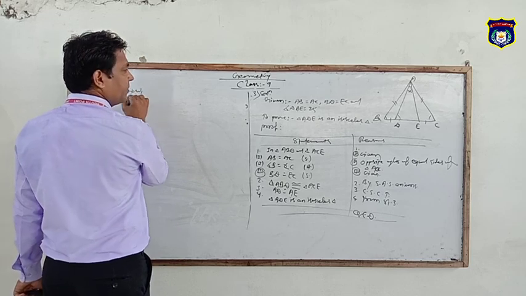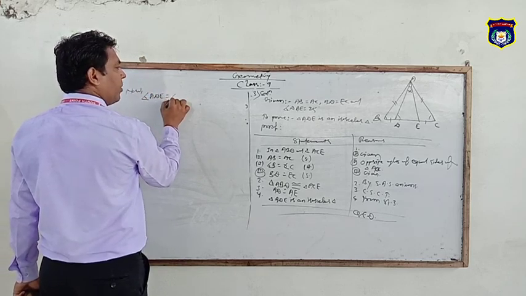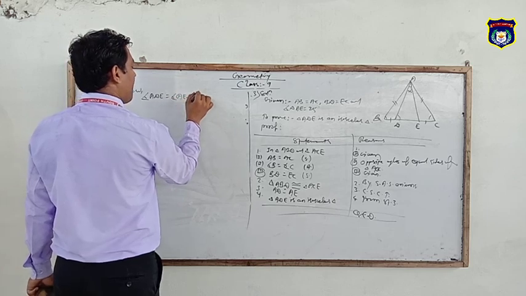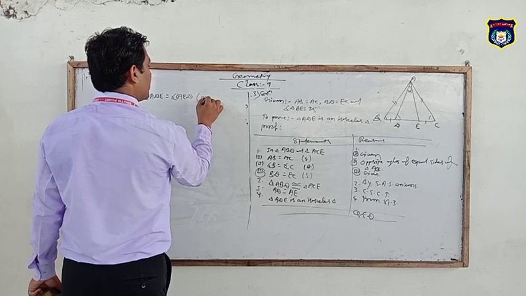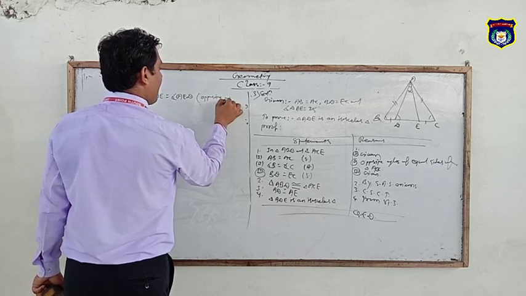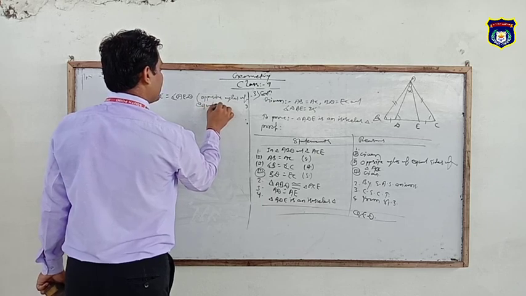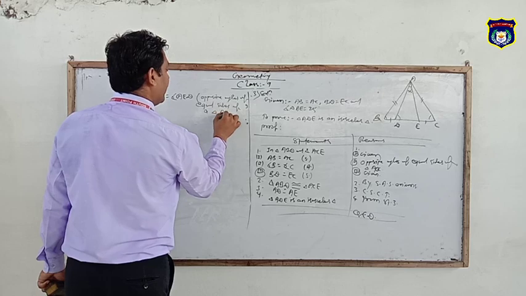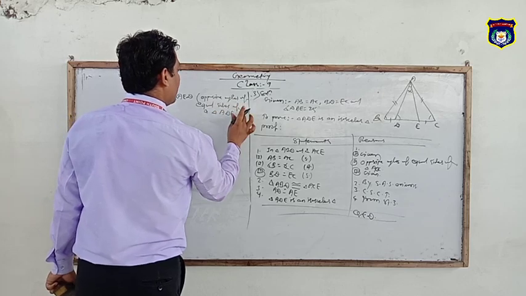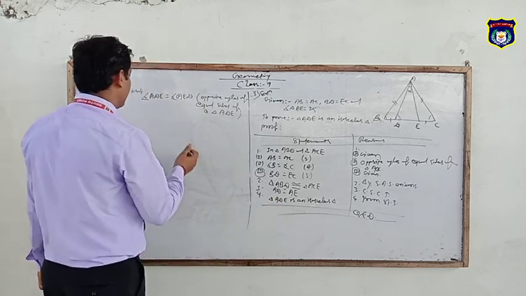Now, angle ADE equal to angle AED, opposite angles of equal sides of triangle ADE. Otherwise, you can write base angles of an isosceles triangle.